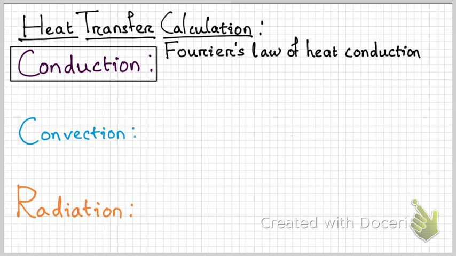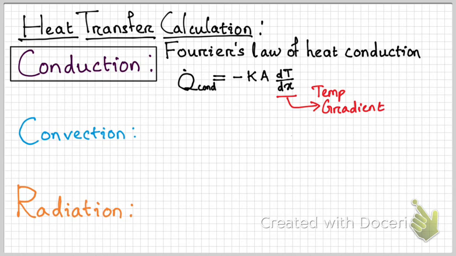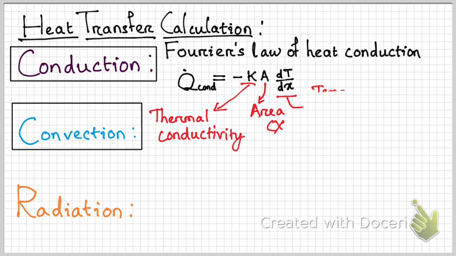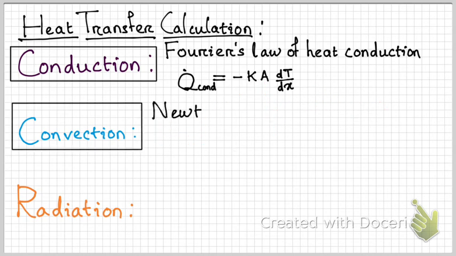For Fourier's law of heat conduction, the rate of heat transfer is equal to minus kA dT/dx, where dT/dx is the temperature gradient, A is the cross-sectional area, and k is the thermal conductivity, which is a material property. The negative sign is there because heat flows from higher temperature to lower temperature.